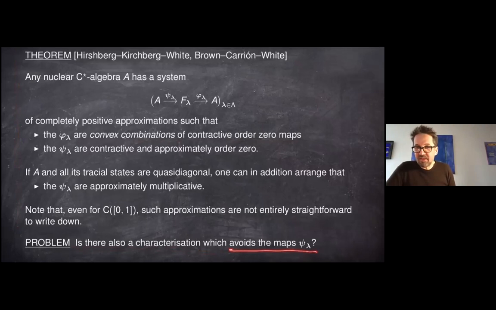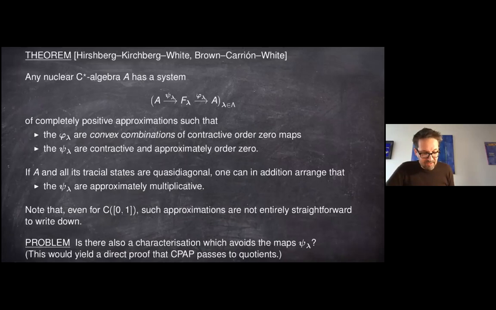As I said, I couldn't do this, and I would very much like to see a proof, but it's bound to be hard, and you can see this from this statement here, because this would yield a direct proof that the completely positive approximation property passes to quotients.